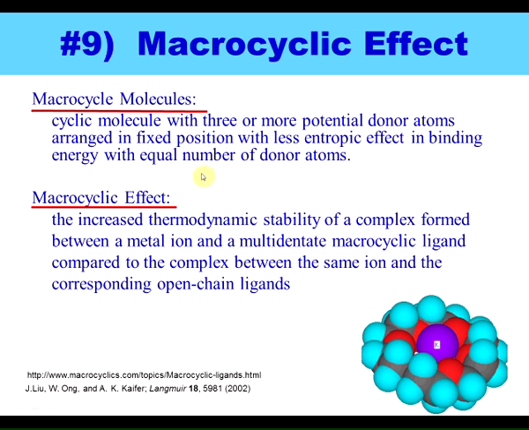So basically you have a big ring with some donor atoms on the ring, and those donor atoms can donate electron density and bind to the metal. The macrocyclic effect is the increased thermodynamic stability of a complex formed between a metal ion and the multidentate macrocyclic ligand, compared to the complex between the same ion and the corresponding open chain ligands.